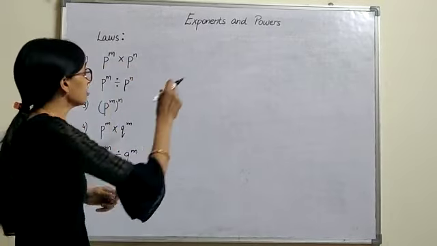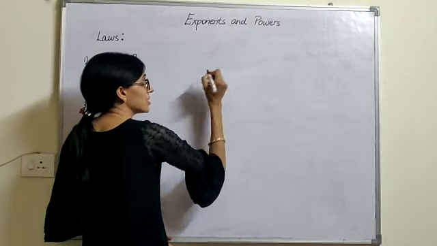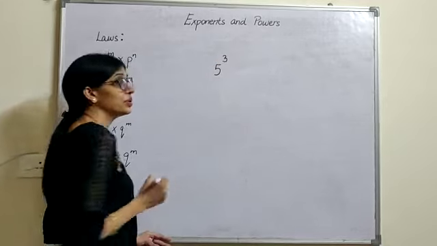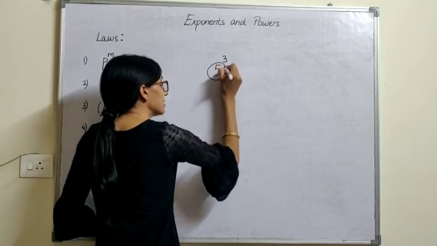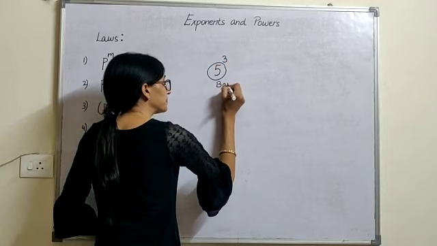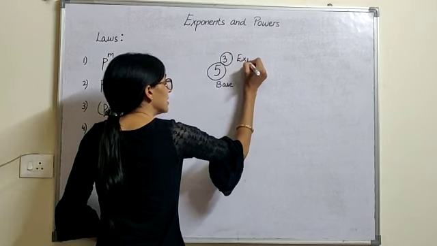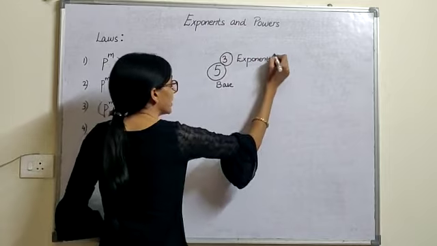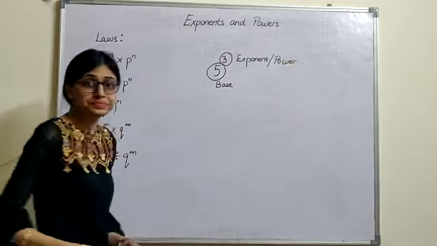Now understand. First of all, exponents and powers. Suppose I write 5 raised to power 3. Now, here 5 is the base and 3 is the exponent, or you can call it as power.